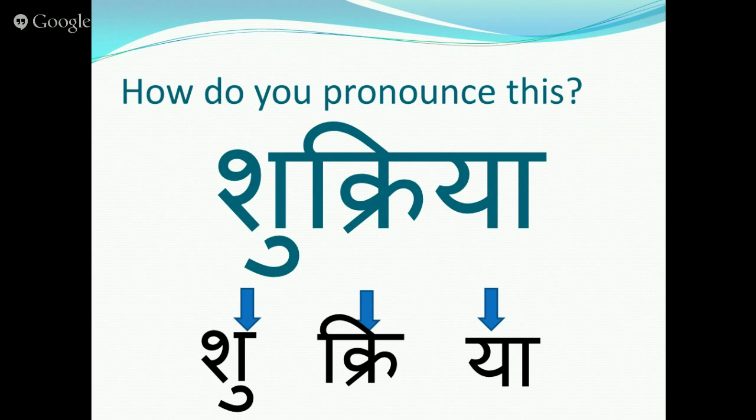So the first letter after the Shu is the Ka with no air, followed by the Spanish R, followed by I. So we have a K sound with no air, followed by a Spanish R, followed by a I. If we were to write this in a Roman alphabet, this would be spelled Kri.